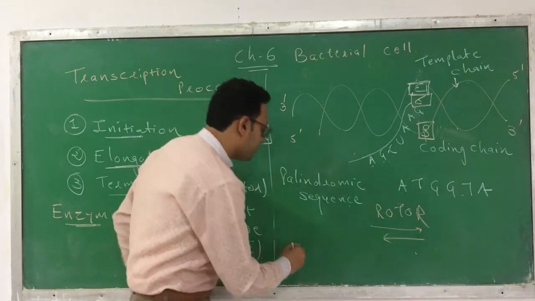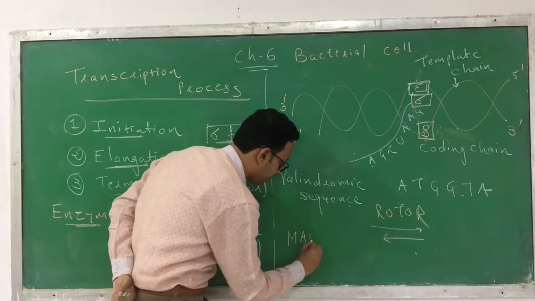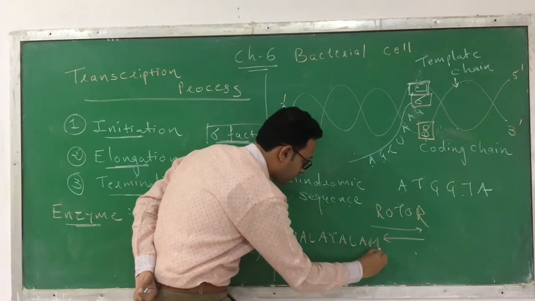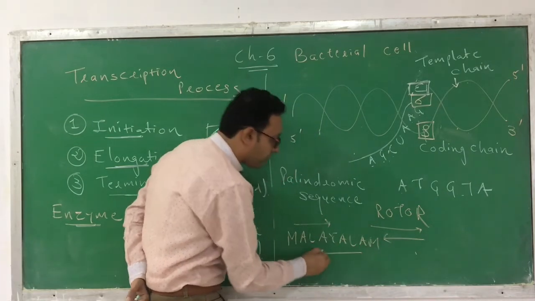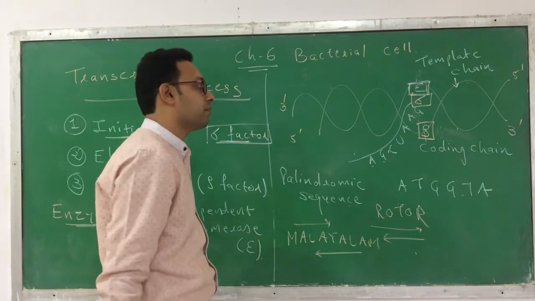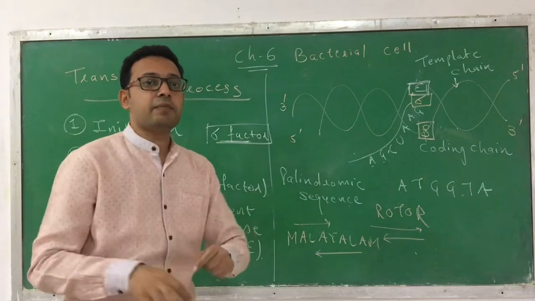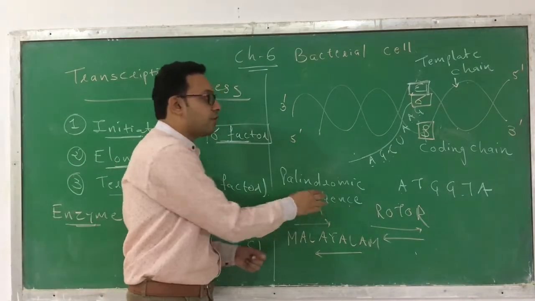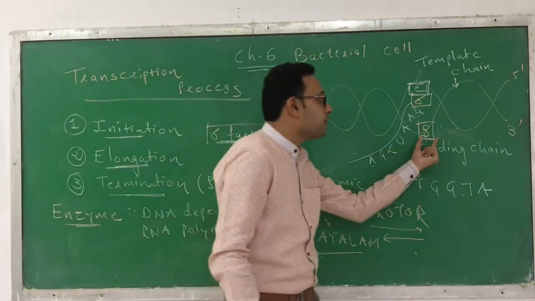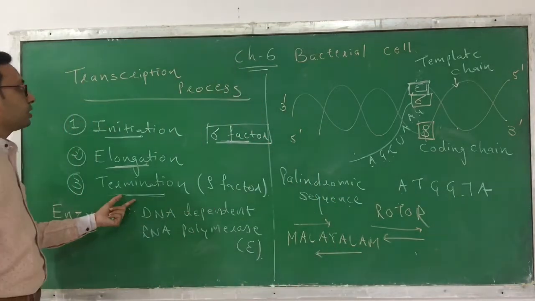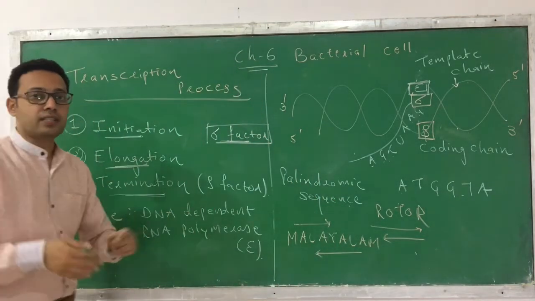Or if I say Malayalam, in backward and forward direction, it reads the same. So this is called a palindromic sequence. So before the termination process occurs, the palindromic sequences occur, and there is an involvement of the rho factor that terminates the process and the transcription ends.